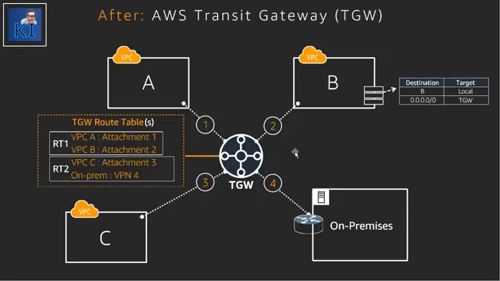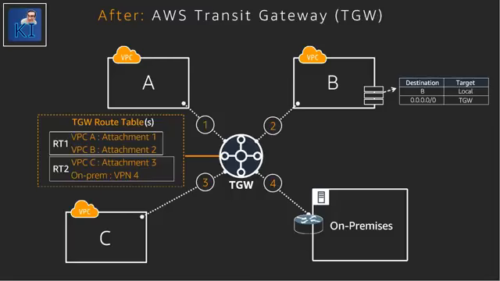As we go forward, we'll see that within a TGW there would be multiple route tables. Now the technical name for that is TGW route table, right? So there can be multiple. When you create a TGW, one route table will be there by default, but then you can create further route tables there as you want.